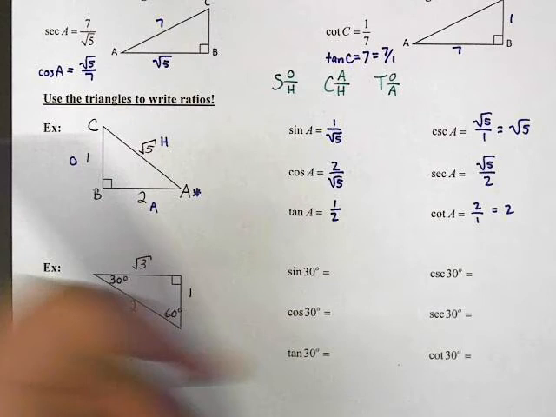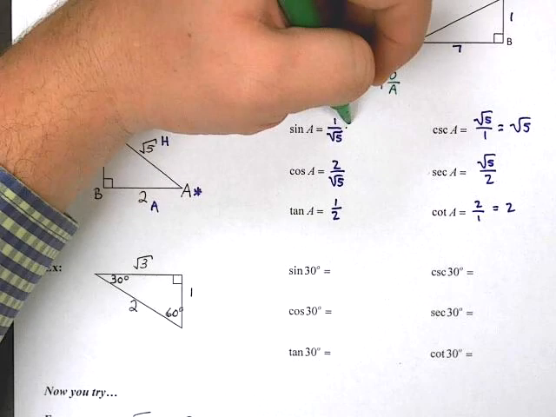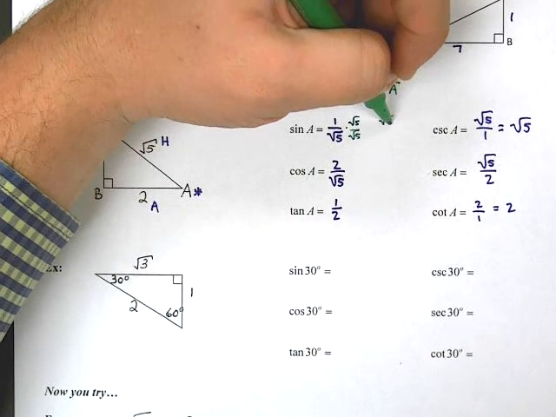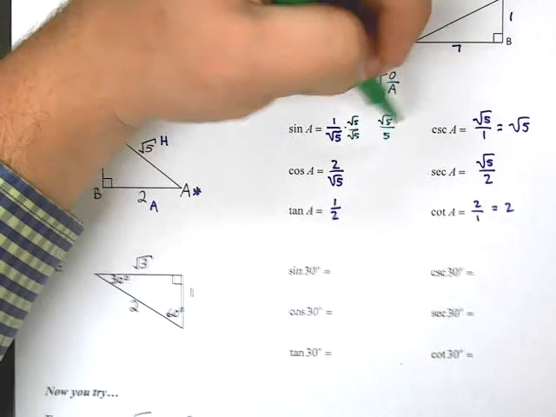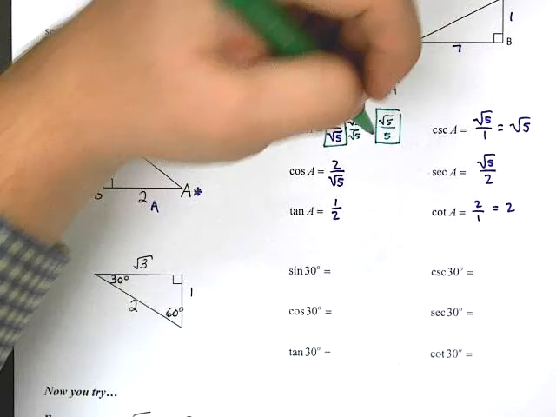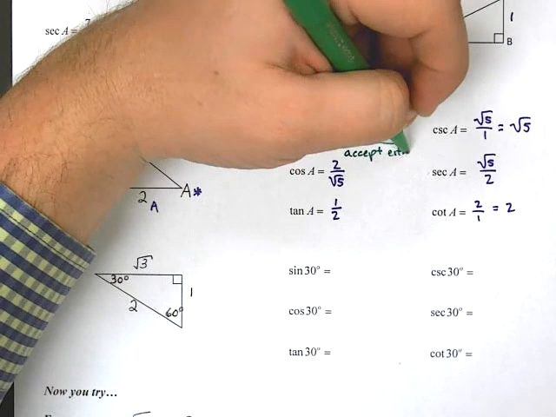If you were to rationalize it, just because I know some of you guys love doing that, we would have to multiply both top and bottom by root 5, which would then leave you with root 5 over 5. And both of these answers are more than okay. I will accept either. Alright?